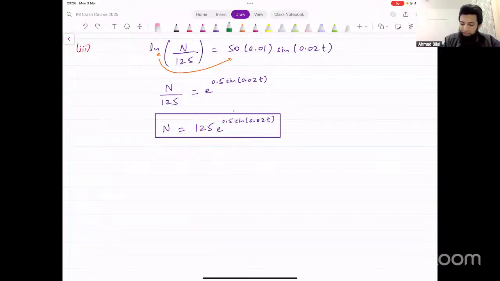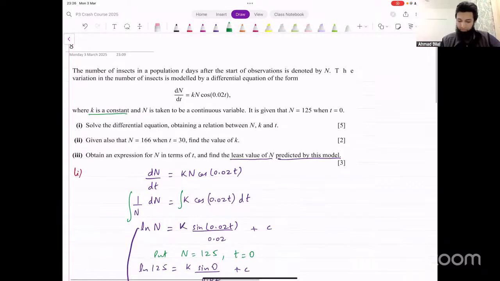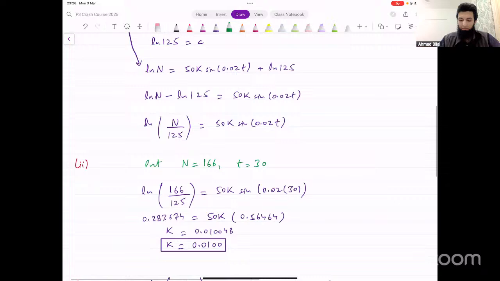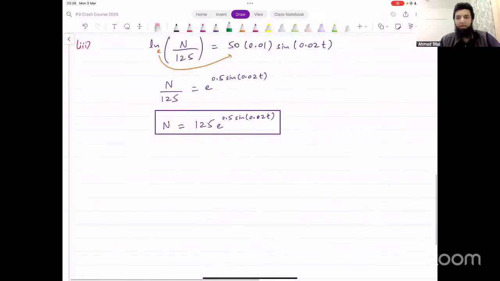Now, t is inside sine, right? We have sine of 0.02 times t. Now, do we know the maximum and minimum possible values of the sine function? There's no restriction on t here, right? t could be anything. Now, if t can be any value, what are the maximum and minimum possible values of the sine function?